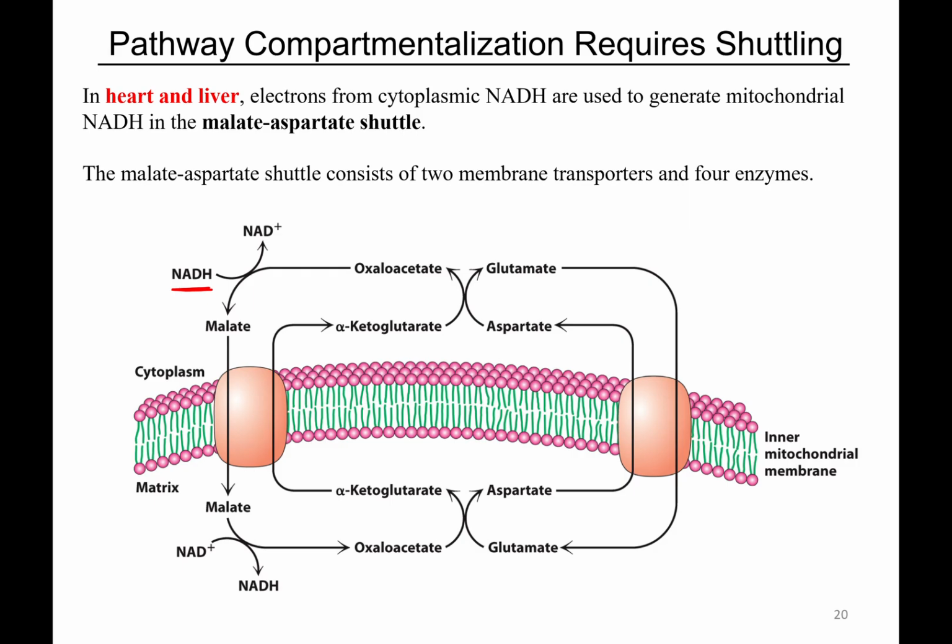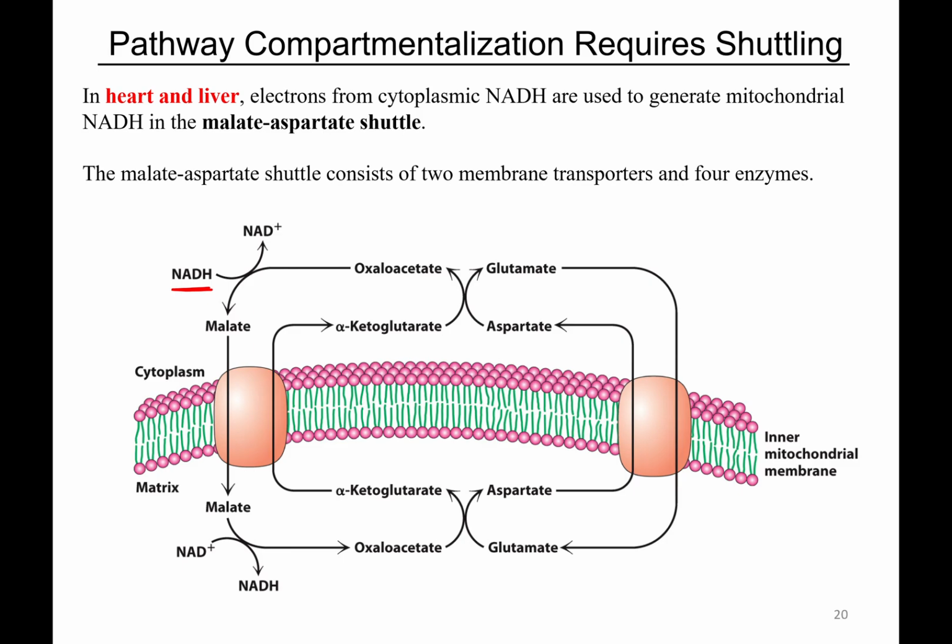So there's this protein that can actively move malate in as it moves alpha ketoglutarate out. So I said it wrong the first time when I first said it, right? So the idea here is oxaloacetate gets converted to malate first, okay? The malate then goes into the matrix, which then gets oxidized back to oxaloacetate.